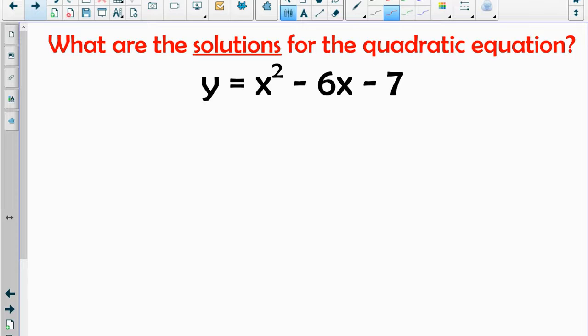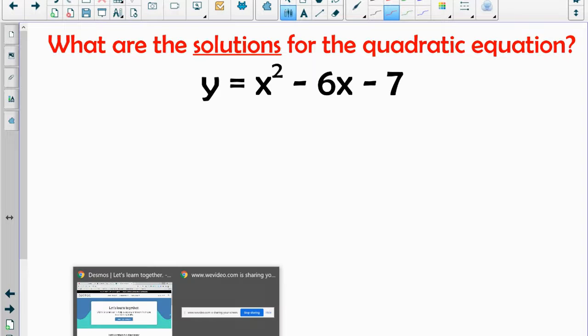So here we have an example of something like you'll see in your homework today. What are the solutions for the quadratic equation y equals x squared minus 6x minus 7? Now we don't see the picture of the graph, and it says solve by graphing in our topic for today. So for this, we're going to need some graphing technology. So I'm going to open up my Desmos graphing calculator. Let me just quickly memorize that equation: y equals x squared minus 6x minus 7.